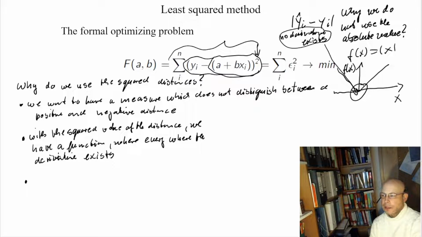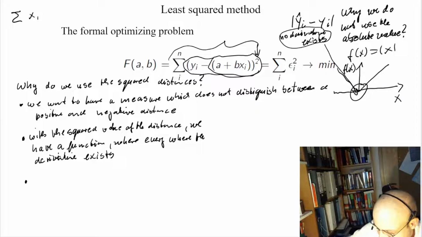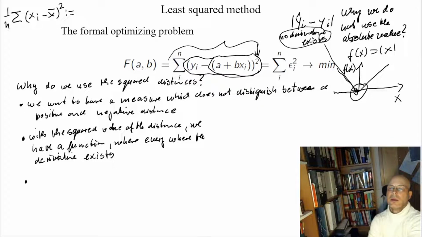This we had also in this lecture. So remember, this was the sum of xi minus x bar squared, times 1 over n. What is this for a variable in statistics?